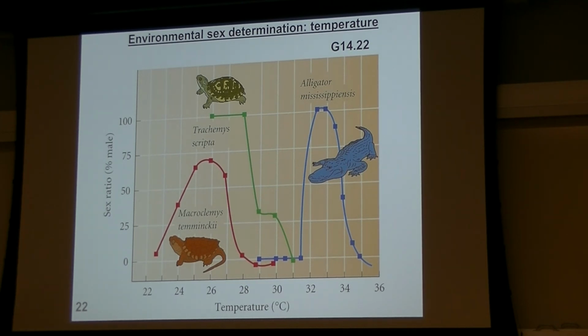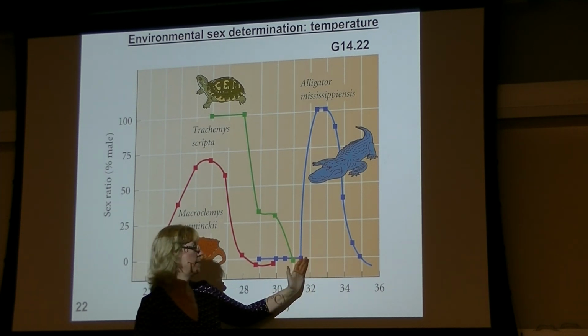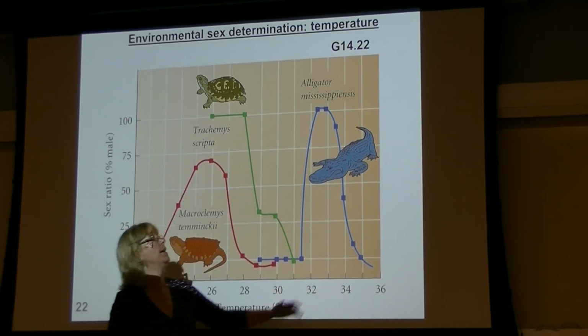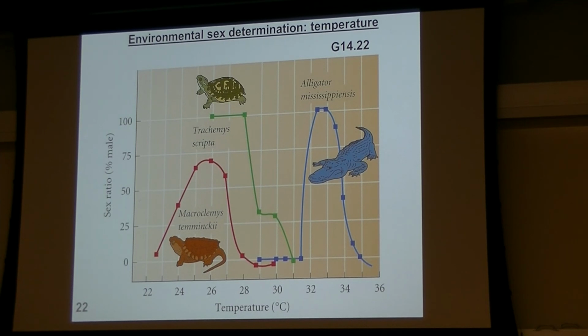For something like alligators, there's only this narrow window of temperature, around 33 degrees, that is going to give you a high ratio of male development. If you're too high or too low, that signals that egg to develop as a female. So you have to be exactly 33 degrees if you're going to be a fertilized egg and develop as a male alligator. Other organisms also rely on temperature, but they have their own readout of the environment, their own readout of specifically which temperature means what.